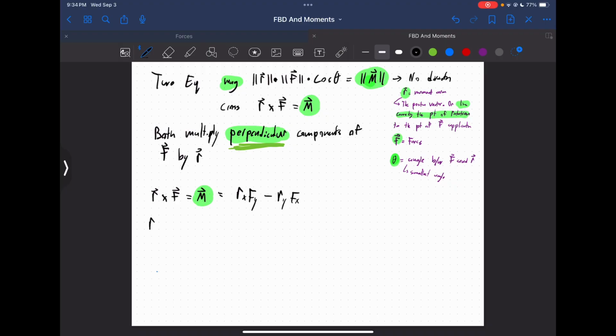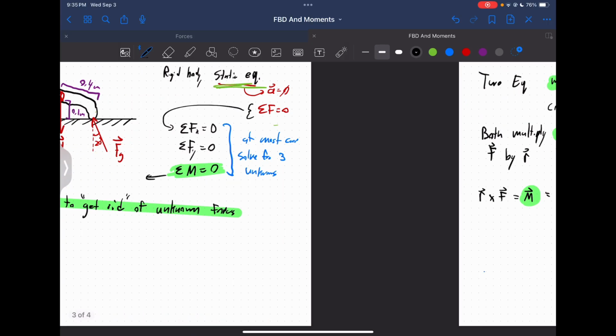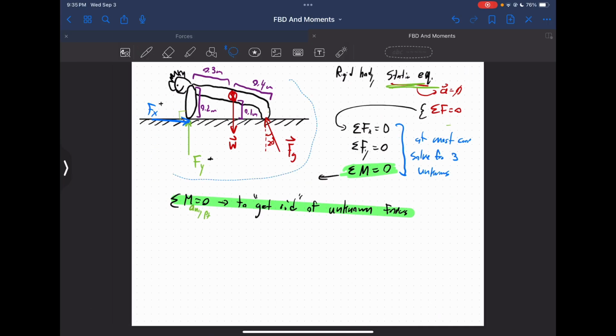And we can say cross product, if you draw the R vector in this form and the F vector in this form here, we know it does a nice little Rx times Fy minus Ry times Fx, which makes a nice little cross. So in this equation, if we do an example, we bring Jimothy back here.